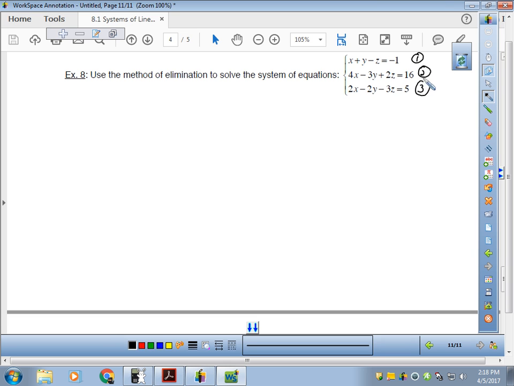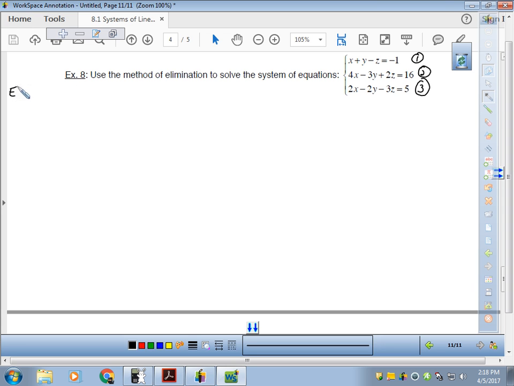So I have 1, 2, and 3. Now I need to pick a variable to eliminate. It looks like z would be a pretty easy one to eliminate because I can just multiply this by 2 and that would cancel that one out. Or I could multiply this one by -3 and it would cancel that one out. So I think I'm going to try to eliminate z first.